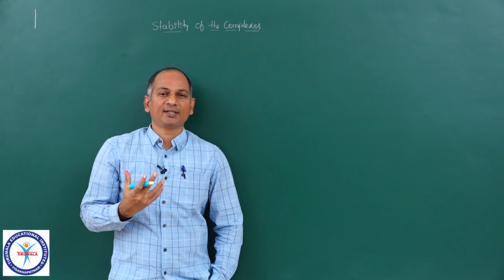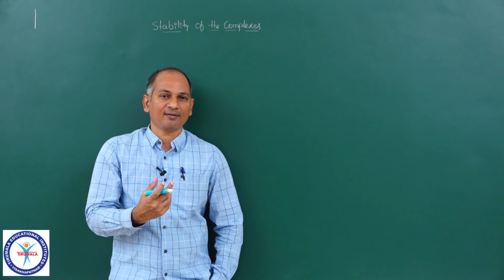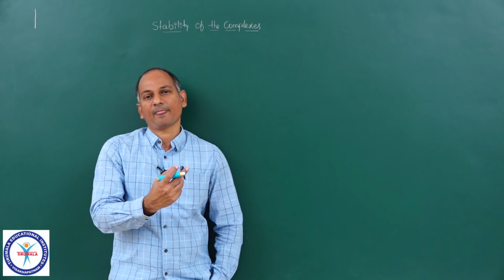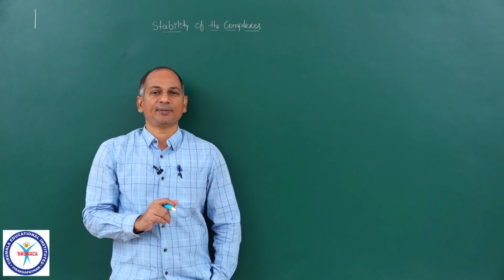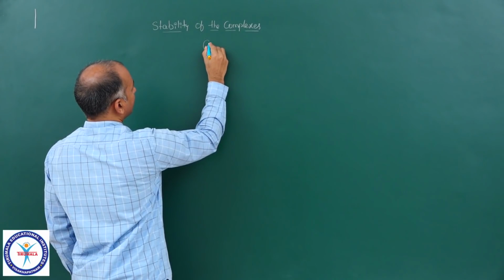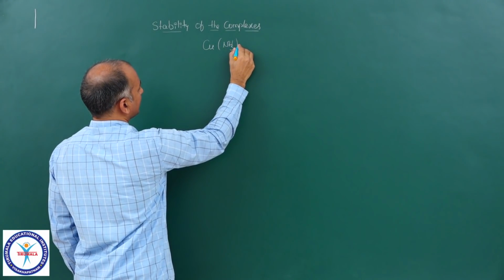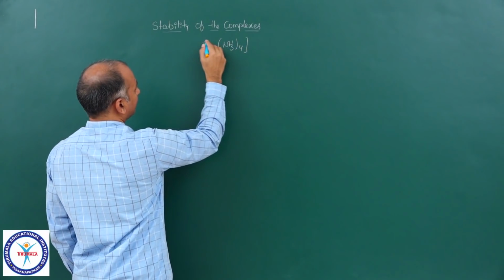Suppose you take the example [Cu(NH3)4]2+, overall charge is plus 2. So let us talk about this particular complex, a blue colored complex, and just now we have seen it is a square planar complex.